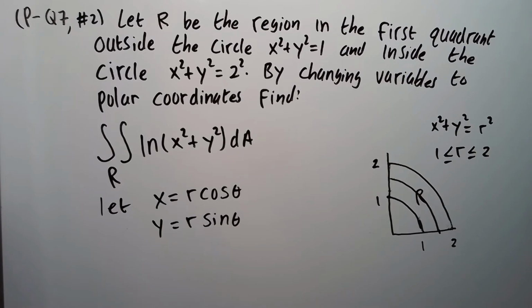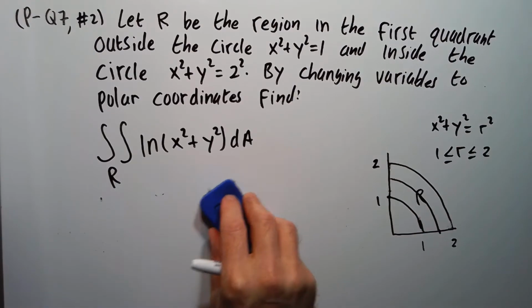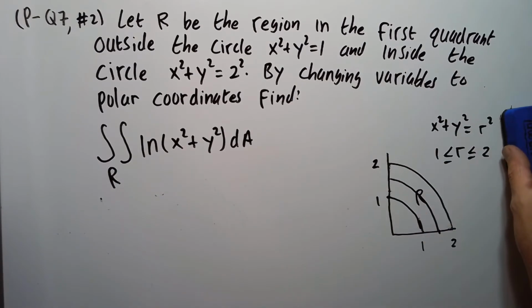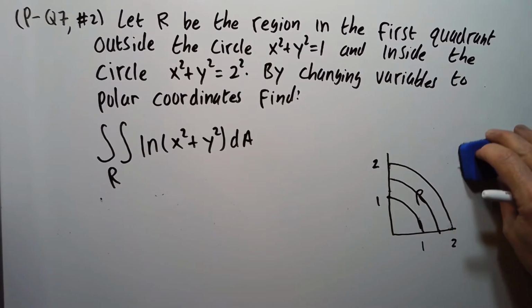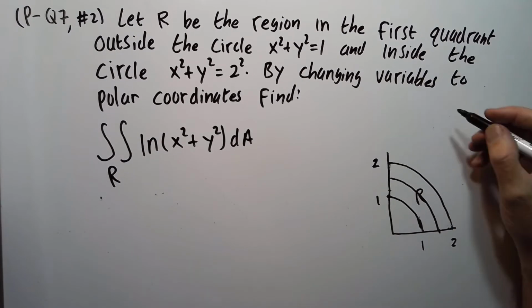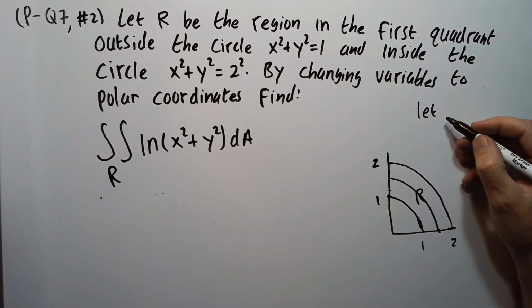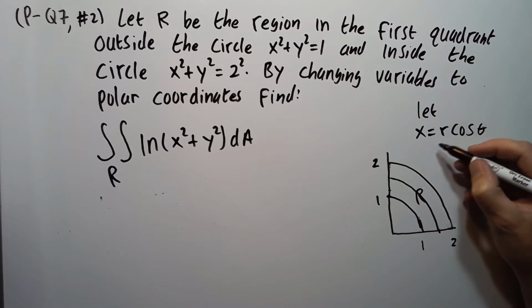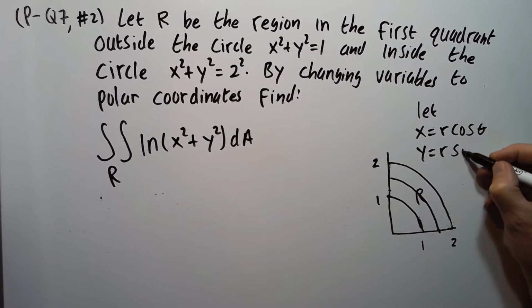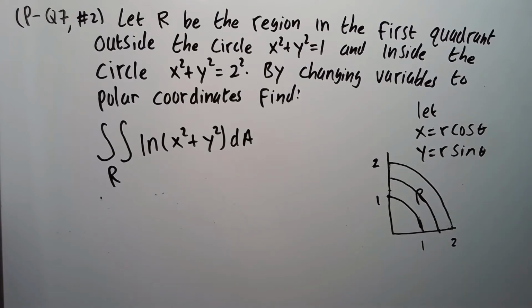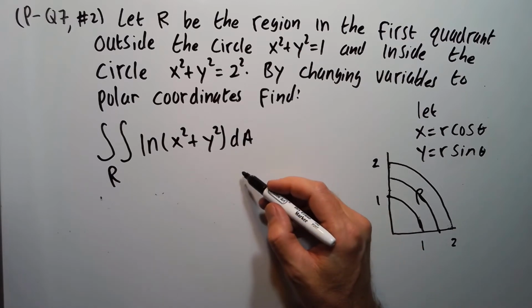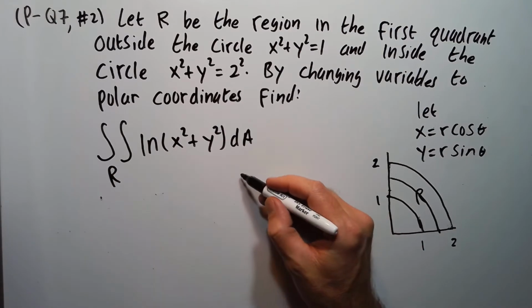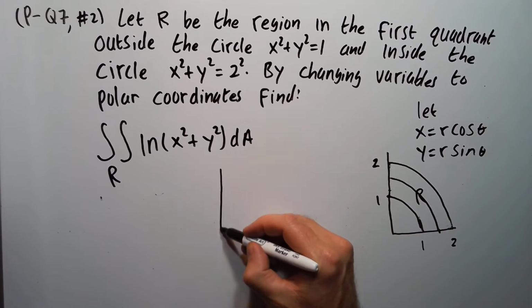Let me put them up here. So let x equal r cosine theta and y equal r sine theta. If we did that, then I claim our S region, we'll explain that in a second, will be over here.